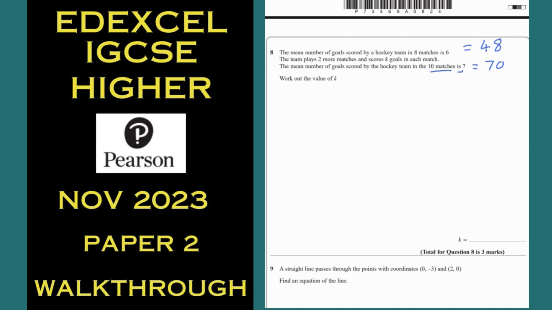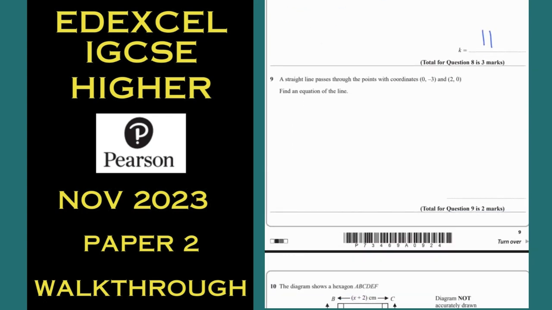So we can say that the original 48 goals plus the K goals per 2 matches gives us 70. We've set the equation up. We can solve it. Take away 48 from both sides and dividing both sides by 2. We get K to be 11.